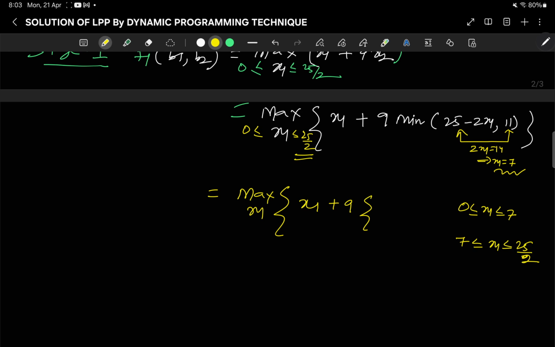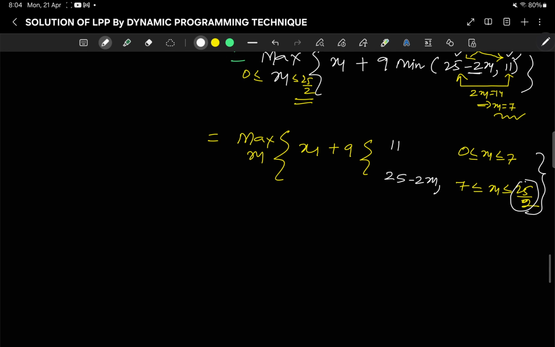At 7 both will give the same value. At 25 by 2, 25 minus 2x1 is 0, which is the minimum, so we write that value there, and in the other range the value 11 is the minimum. Now we simplify. At x1 equal to 7, it is 7 plus 9 into 11.